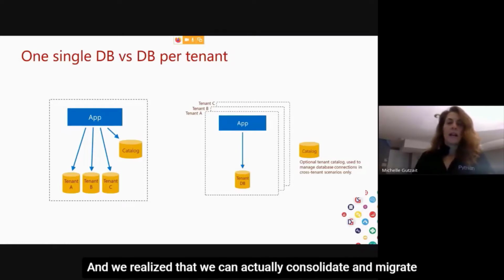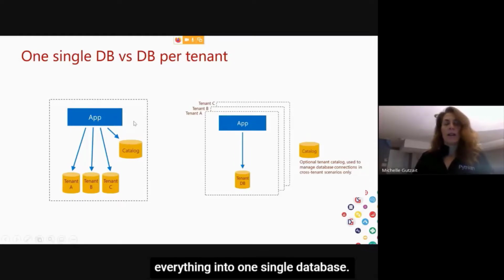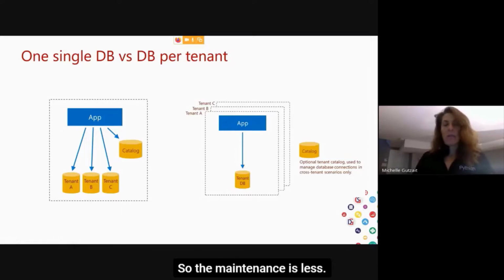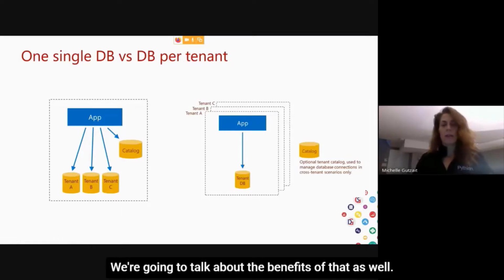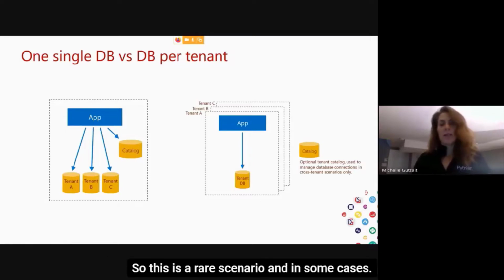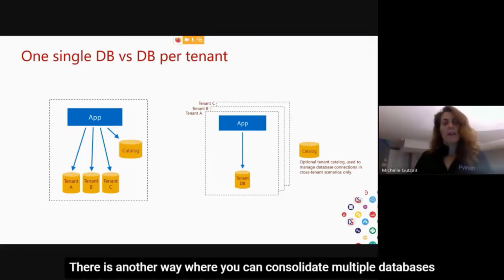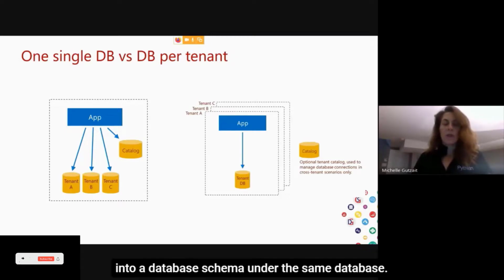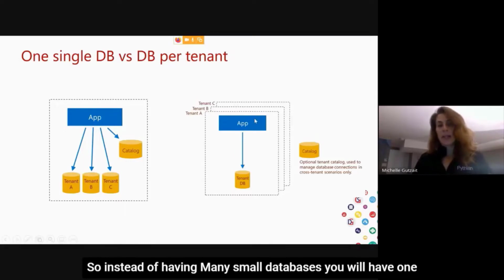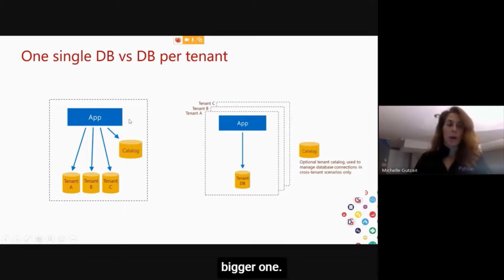We realize that we can actually consolidate and migrate everything into one single database, so the maintenance is less. We're going to talk about the benefits of that as well. This is a rare scenario, and in some cases, this is not very easy. There is another way where you can consolidate multiple databases into a database schema under the same database. So instead of having many small databases, you will have one bigger one.